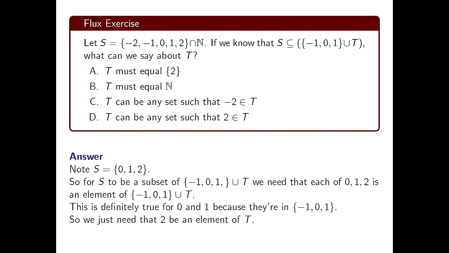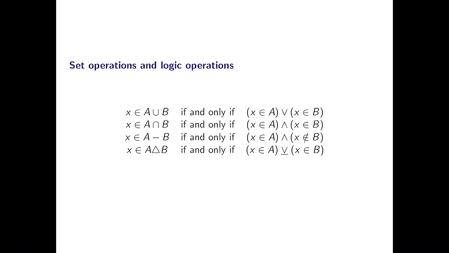No, we can say it might equal the natural numbers, but it could equal lots of other things as well. So this would definitely work, or indeed A would definitely work as well, but it could be lots of other things. So I don't like those answers because they say it must equal that thing, rather than could. Then I'd agree. Does that make sense? Yep, cool.